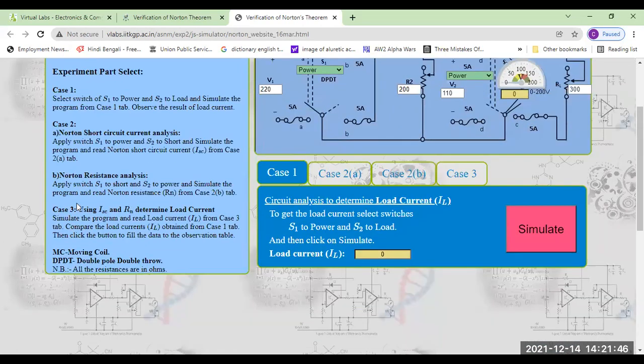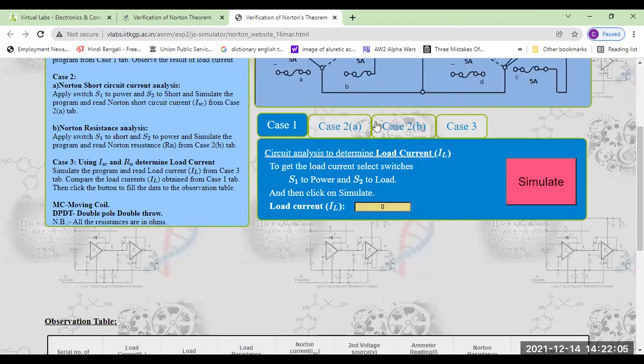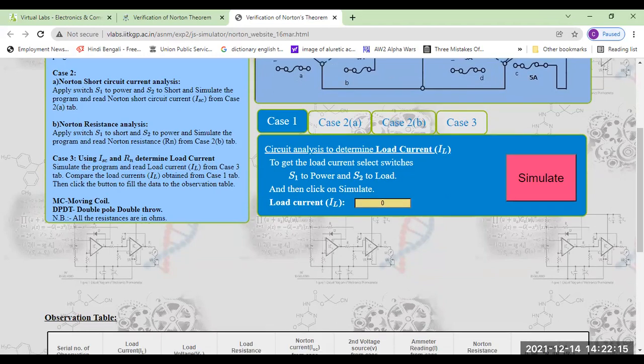And now Norton resistance analysis. Apply S1 to the short and S2 to the power, simulate the program, and read the Norton resistance Rn from the case 2 tab. Now, using ISC and Rn, determine the load current, simulate the program, read the current IL from case 3, and compare it with the load current IL obtained from the case 1 tab.